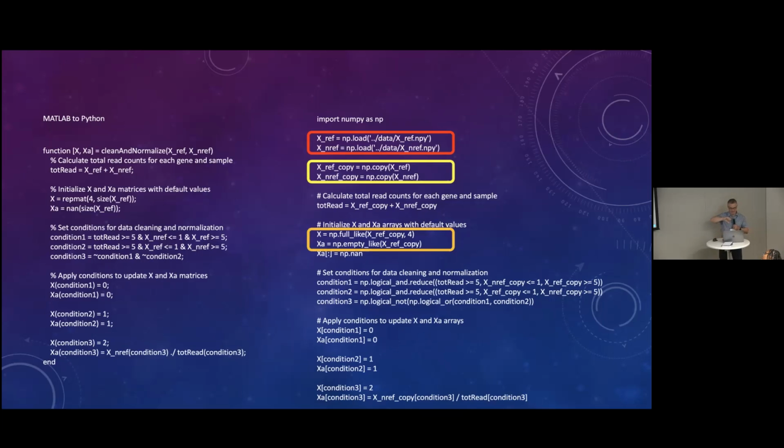NaN is a floating point value, and integer arrays can't handle it. So this code, when you run it through Python, immediately barfs and says, can't do that. So there's a fix to tell it, yes, I want a NumPy array like this one, but I want it to be able to hold floating point values. Again, you're going to have to bring some of your own knowledge to the party here. But it was nice to have it move all this code over for me.